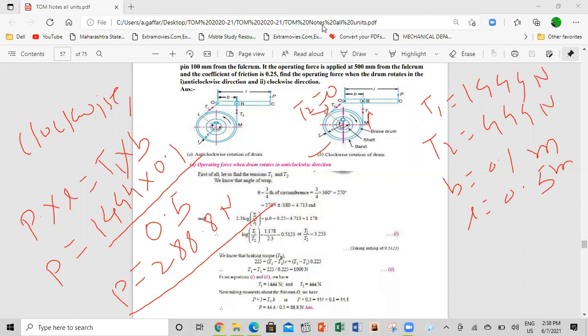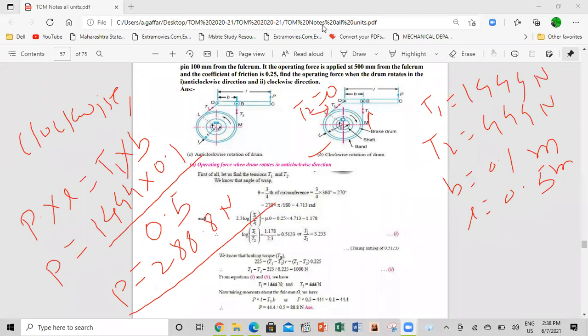You understand or not? Yes. So you can solve easily. I will share another problem. You should solve it before the next lecture.